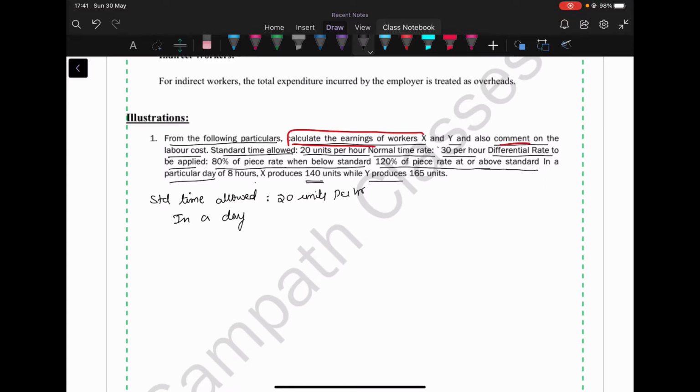In a day we have 8 hours. We can say standard output in a day must be how much? 20 units in an hour into 8 hours a day, that is 20 into 8, which is 160 units to be produced in a day.